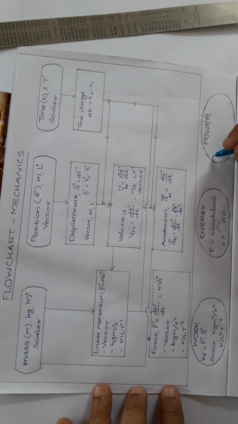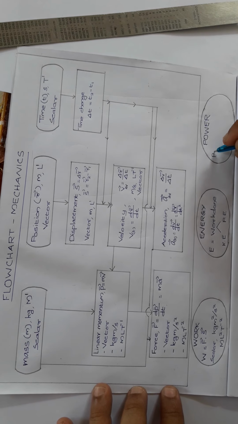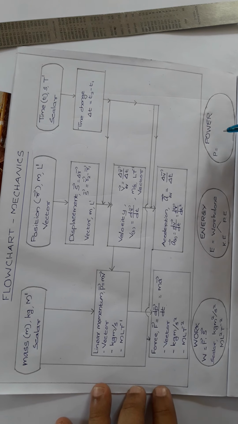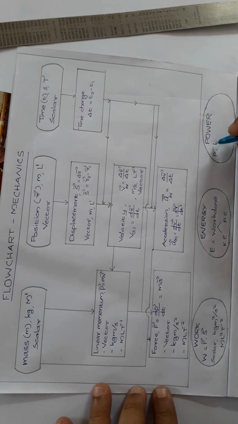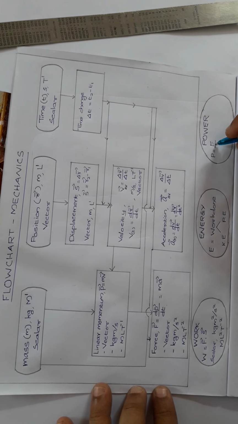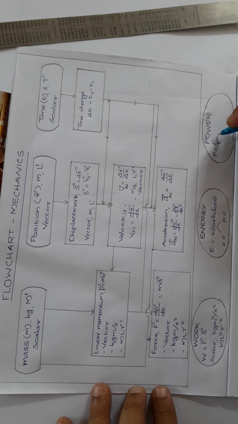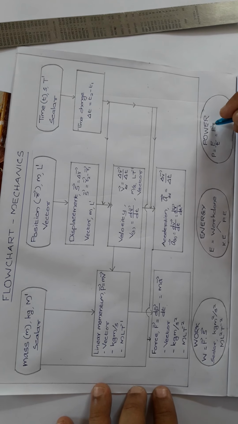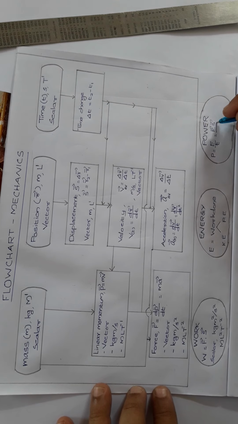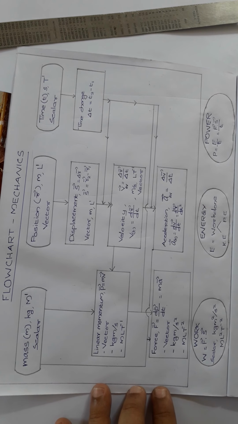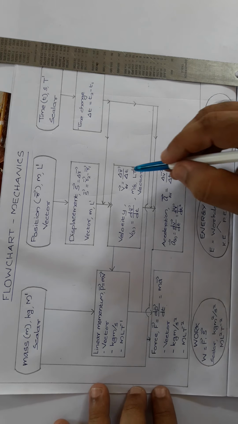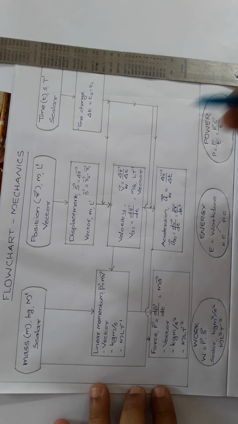And the power delivered is the work done per unit time or energy consumed per unit time. We can take it as energy per unit time, E by T, or we may also write it as F dot S divided by T, or S by T, displacement divided by time. What is displacement divided by time? That is velocity.